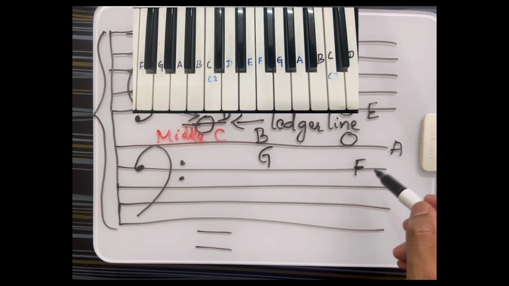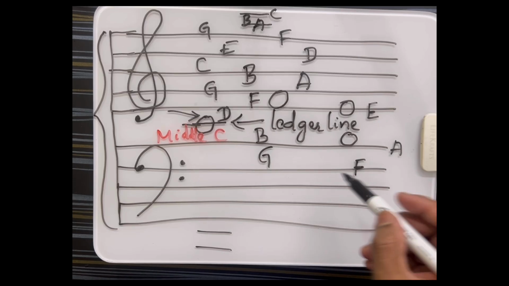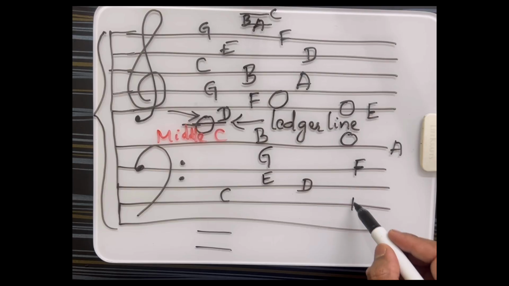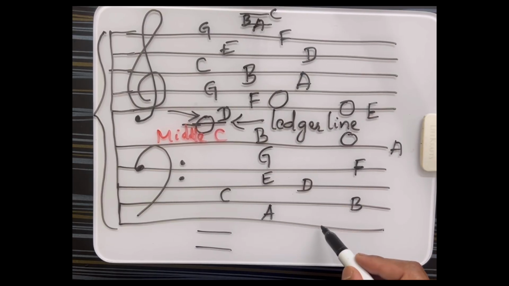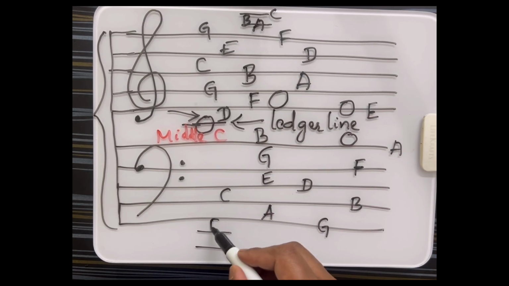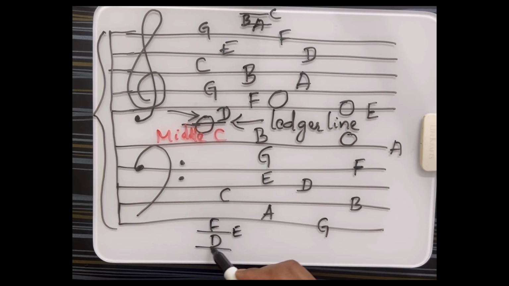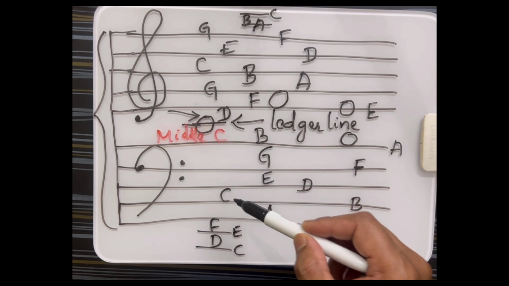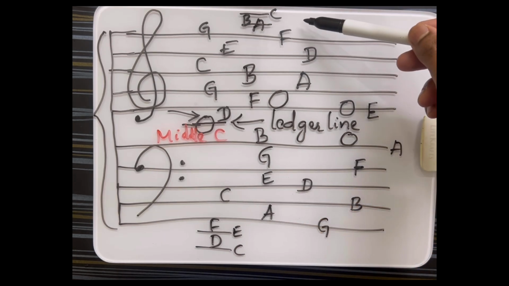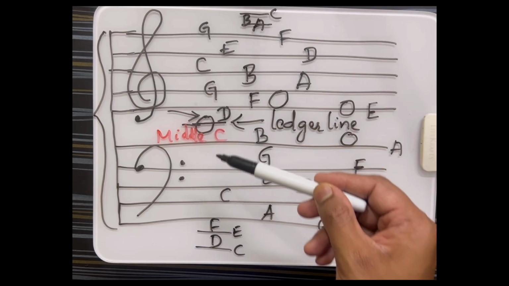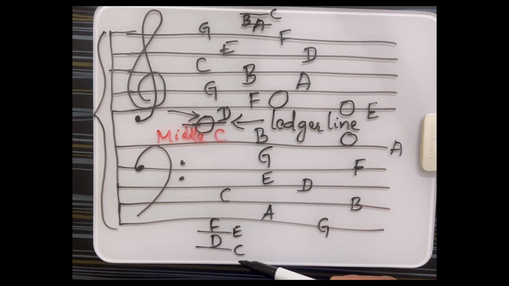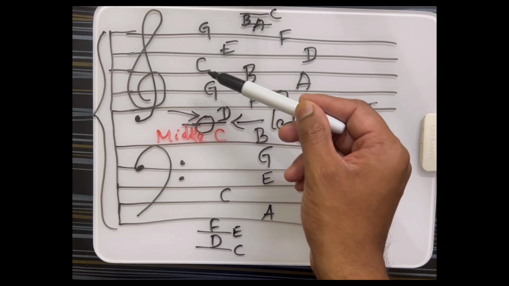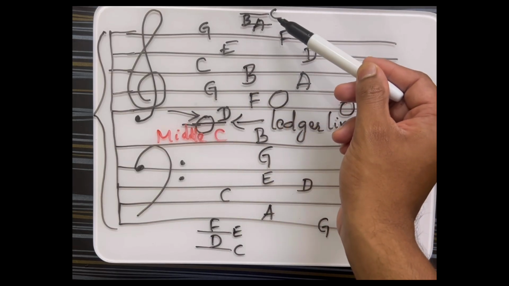It is also called F-Clef because this line is F. Then comes E, D, C, B, A, G, then this space is F, line is E, D, C. So this is the middle C, this is the second octave C, this is the first octave C. First octave, second octave, middle is third octave, and then fourth octave, then fifth octave.